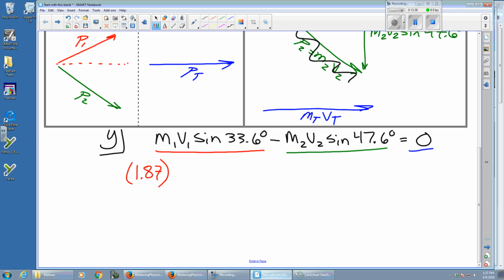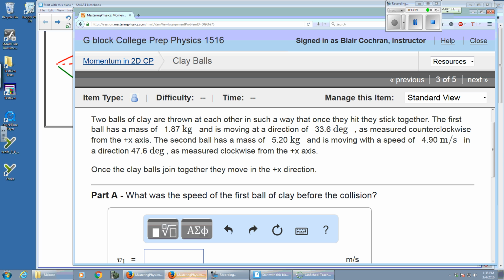Okay. Do I know the speed of the first blob of clay? No? Don't be disheartened. It's always good to have one variable. Sine of 33.6 is just a number. Granted, it looks nasty, but it is just a number. And then, let's see, the mass of the second blob of clay, for me, is 5.2.